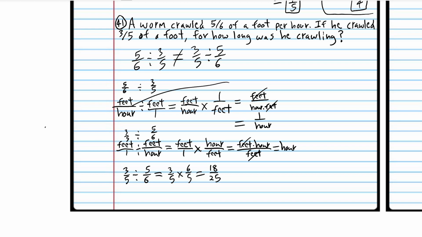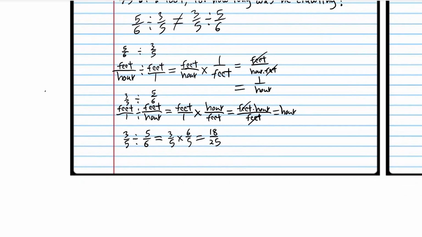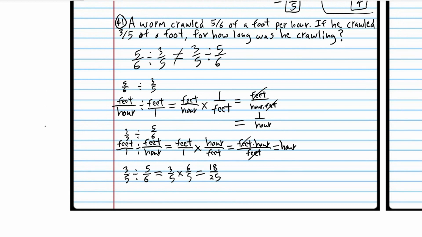You just use this method here, and it works every single time. This is how engineers and scientists actually do this stuff. That's how they know. So, again, you might complain about this and say, well, this looked really weird and difficult. But I'm just showing you how everybody does it. And I don't want you just rolling the dice to figure out what the answer is going to be. You actually have to use this stuff to figure out how to divide the fractions.